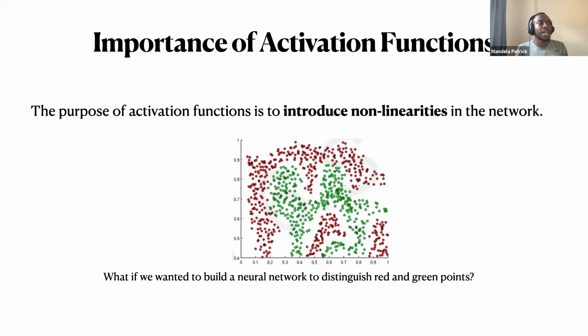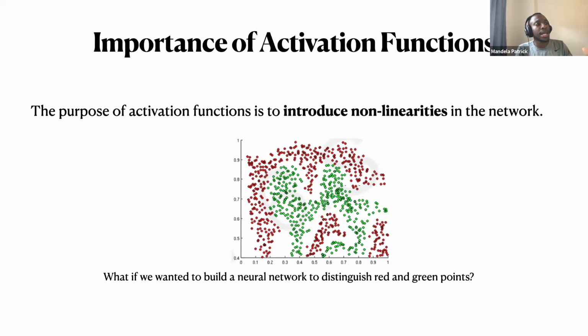The importance of activation functions is that they introduce nonlinearities into the network. A linear function is basically a straight line. If the data is linearly separable, we can just draw a straight line and separate the points.